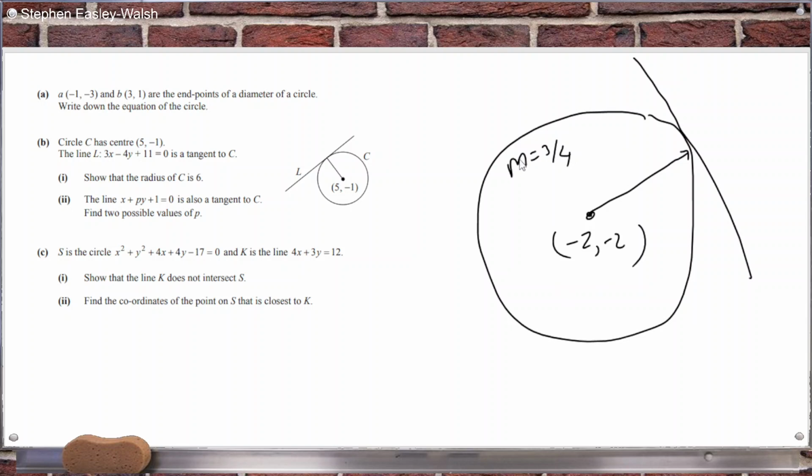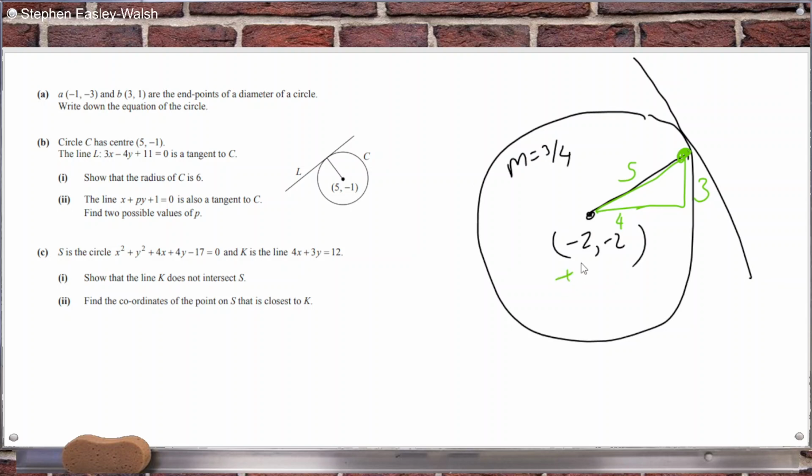So for every 4 units I go out here, I'll rise by 3. This here would be 5. Oh, but is the radius 5? It is. Aha. So if I go out 4 and go up 3, I'll have a distance of 5, which is the radius. So I've reached the edge of the circle. It has the correct slope.